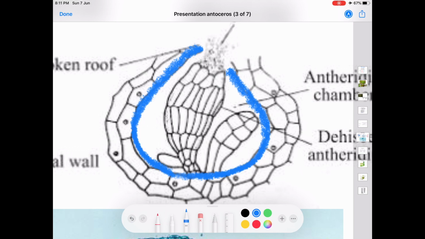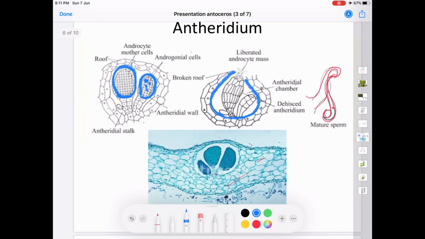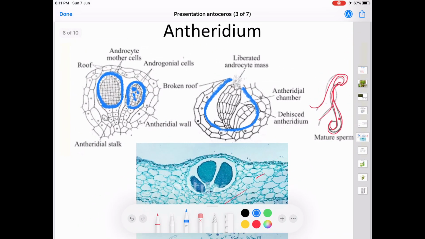The antheridia absorb water and the upper tier of the jacket falls apart, releasing a mass of antherozooids. This is all about the structure of antheridium in Anthoceros.